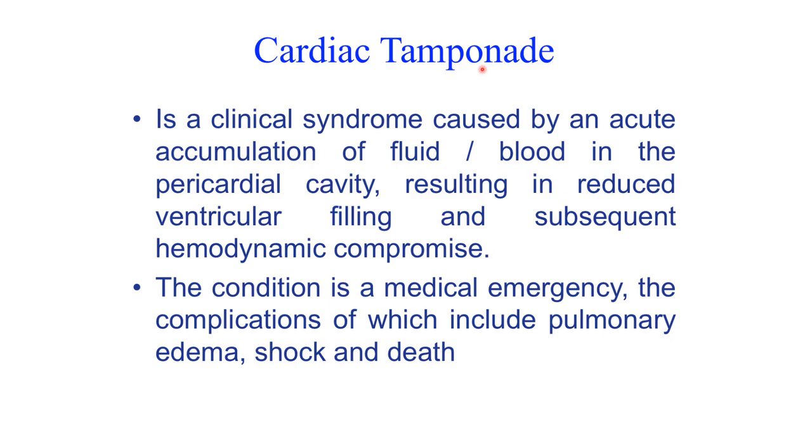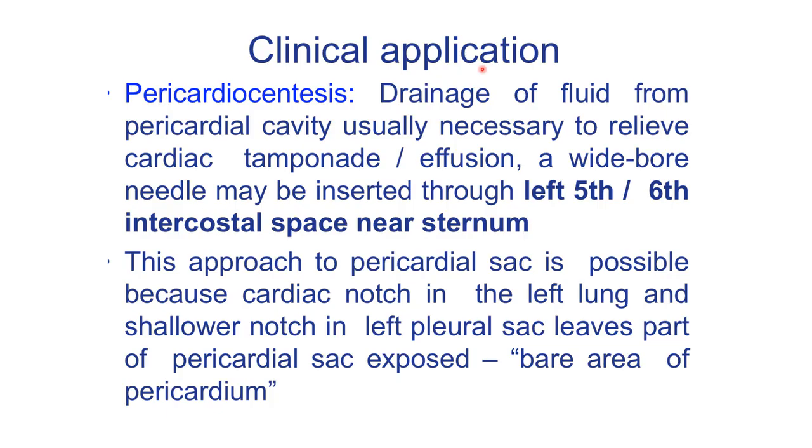So what do we do normally? We do what we call pericardiocentesis. This is a surgical procedure whereby a needle is inserted at the 5th intercostal space, just left of the sternum, or at the 6th intercostal space near the sternum, and then you can puncture the pericardial cavity and the fluid can get out.